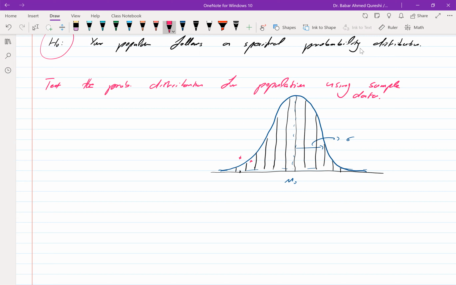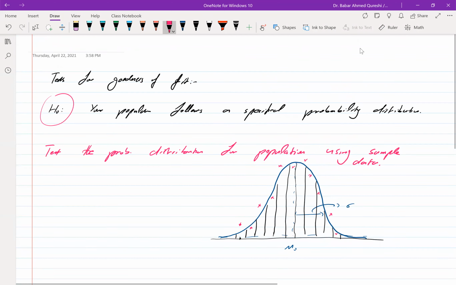For this bin, you get here, this bin, you get here. And this normal is kind of approximating the dots you got in your sample. So if it's close enough, then you are saying that your probability distribution curve is fitting your sample data.